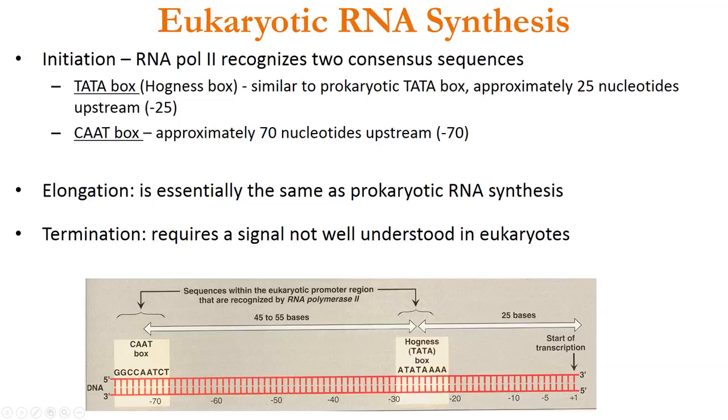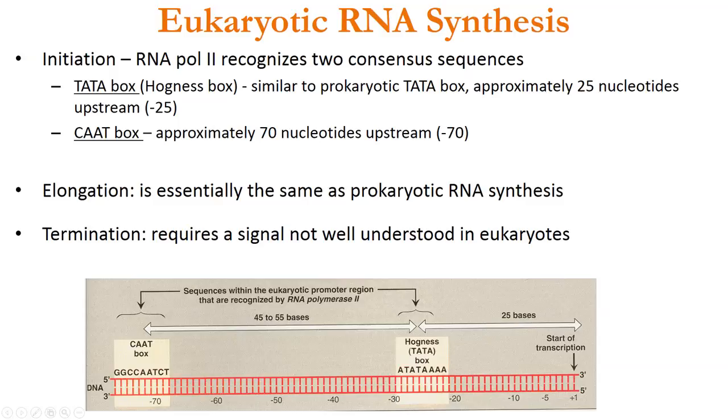So the elongation process is going to be just like what happened in the prokaryotic model. We just add 1 nucleotide at a time, same exact thing. It's a different polymerase, but it's the same exact enzymatic process. Now, in prokaryotes, we had that rho-dependent and rho-independent termination.